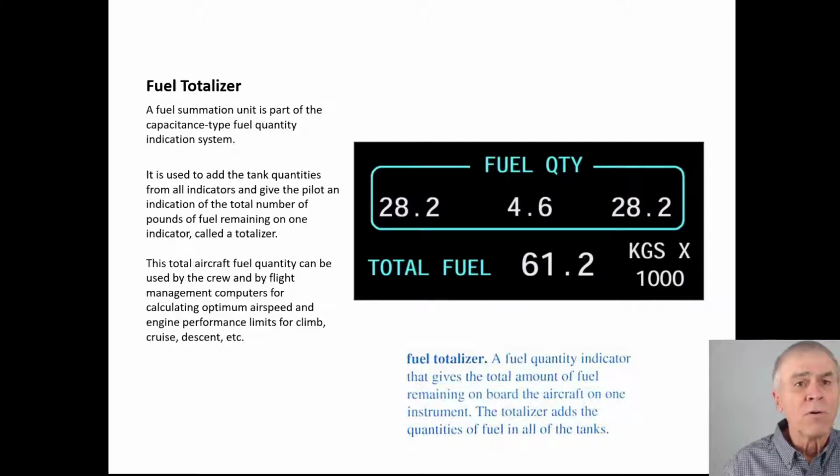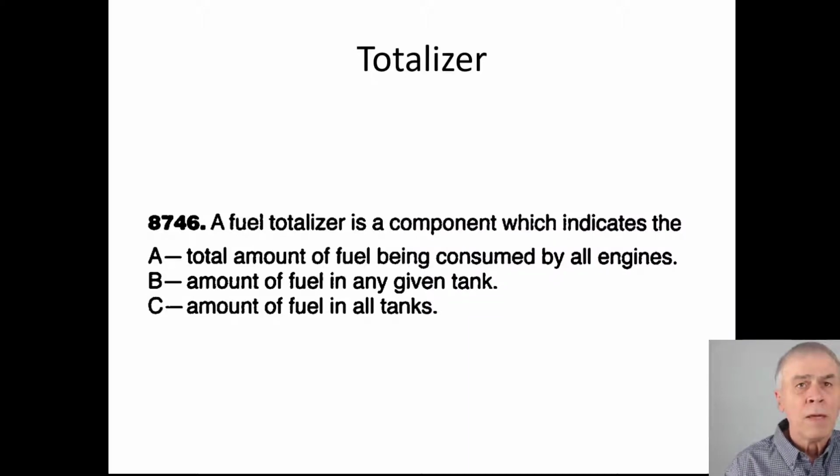Total aircraft fuel quantity can be used by the crew and by flight management computers for calculating the optimum airspeed and the engine performance limits for climb, cruise, descent, etc. There must be a question about a fuel totalizer. There is.